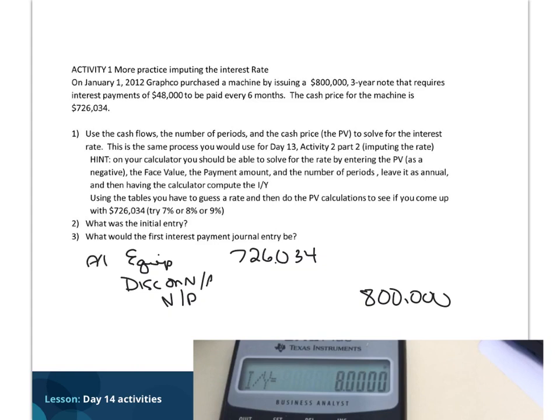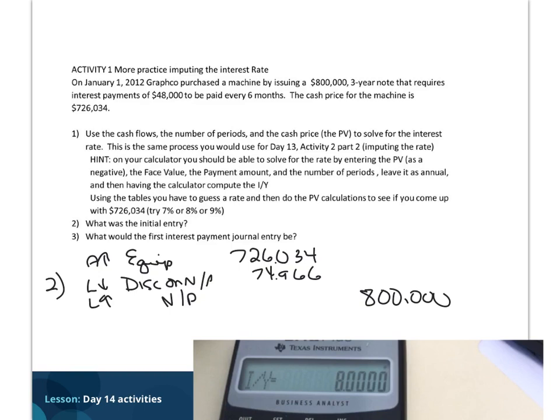This made my assets go up, this made my liabilities go up, and this made my liabilities go down, for the difference, which is 74,966. So that would have been the entry to record this loan initially.